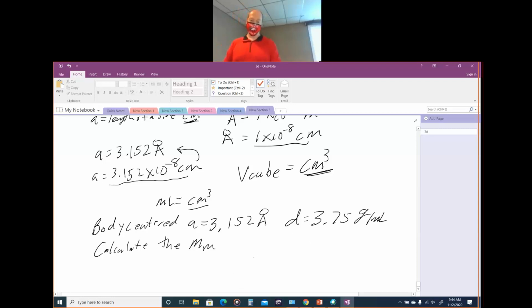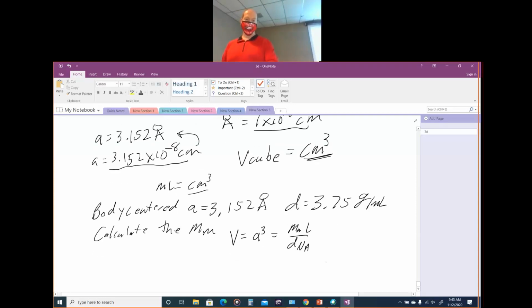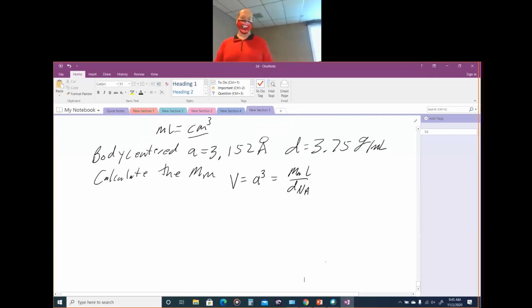All right, so this would be a problem where you would use your volume, which is equal to A cubed, which is equal to mammal DNA. And what you have to do is make sure that this is centimeters cubed, and this, in order for that to cancel out, needs to be in centimeters.